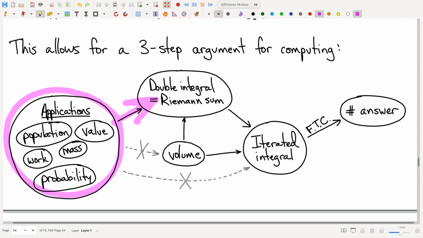That doesn't make any sense. Write it as a double integral. Second, recognize that double integrals can be computed with iterated integrals. After all, they both compute the same thing, namely volume. And then third, take that iterated integral, punch it up with the fundamental theorem, and there's your answer. So there's our three-step process. How are we doing? Is everybody on board?